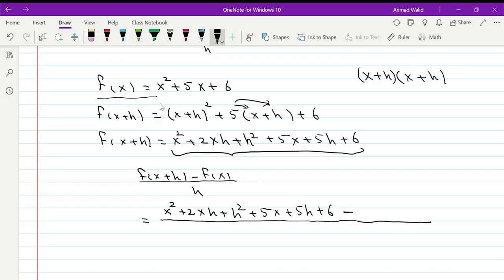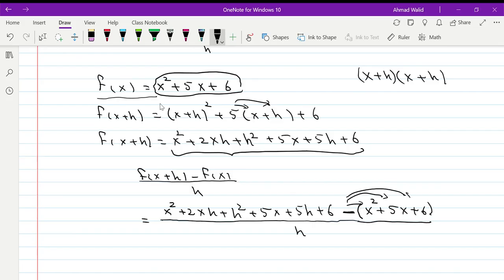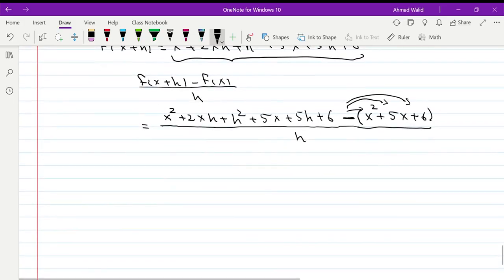minus f of x. What is f of x? Your f of x is x squared plus 5x plus 6. But be careful, you have a negative. Open up parentheses and plug in those values. x squared plus 5x plus 6 over what? h. Now distribute the negative to all terms and try to simplify if it's possible.